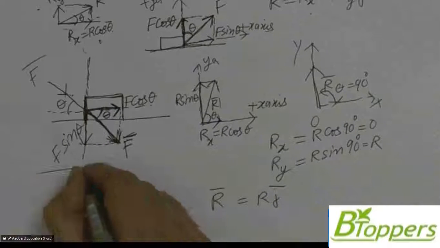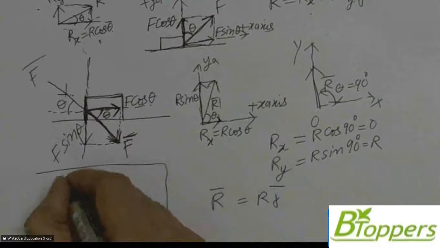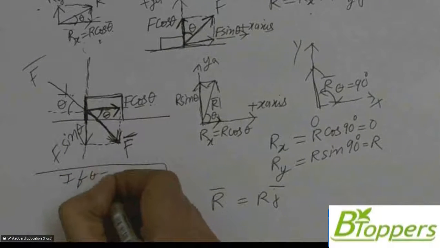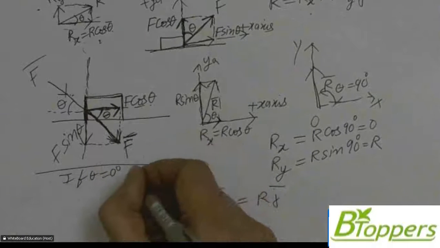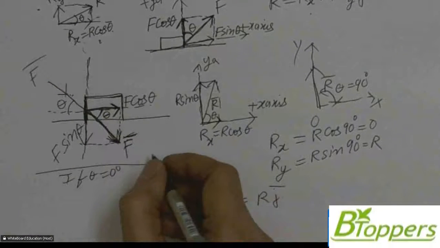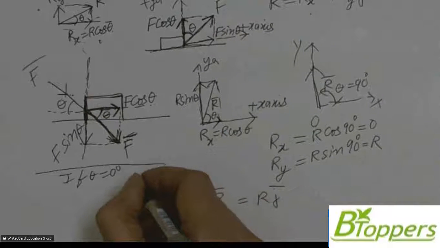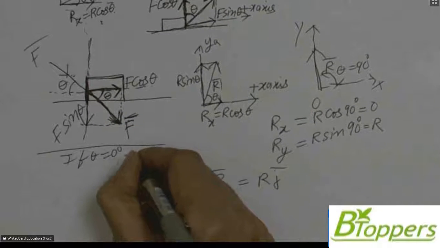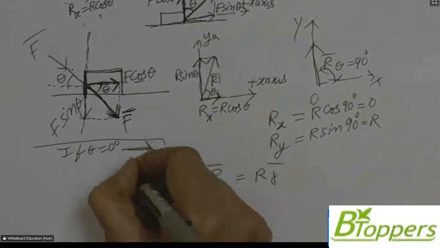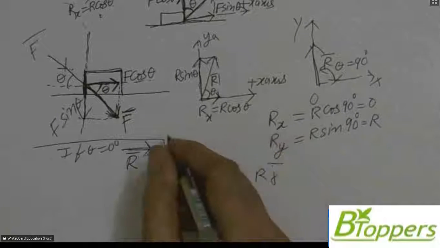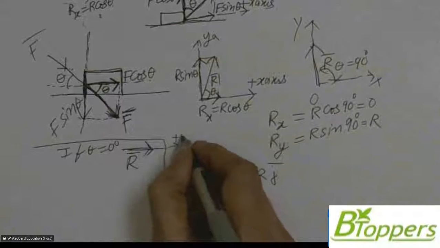Suppose theta is 0 degrees, I mean the vector R bar acts along x-axis.